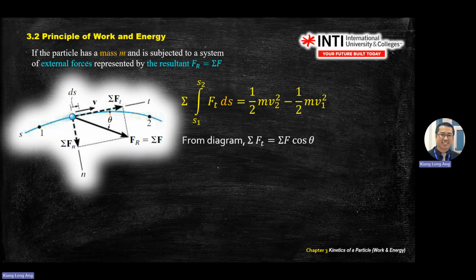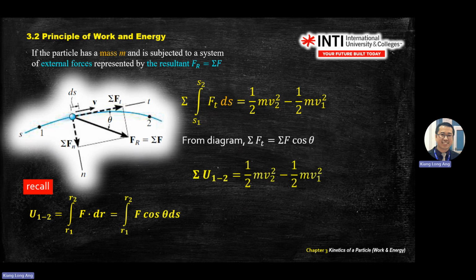Normal is 90 degrees to the curve, and a 90 degree one gives you 0 work. So that's why when you do analysis for work, we're not interested in normal. So you just substitute the value there.